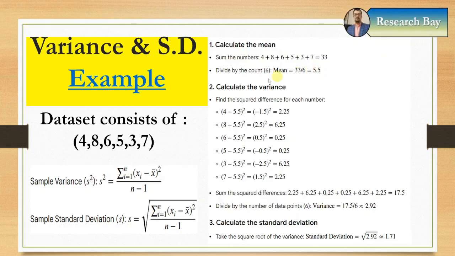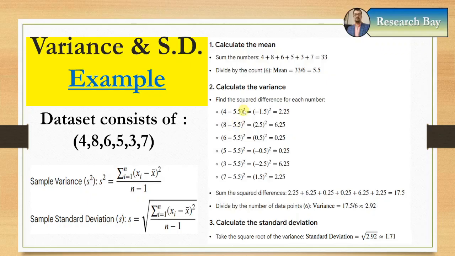Sample mean. Second is calculating the variance. So here I make the square of deviation. Deviation is the score or the data point minus the mean. Data point minus the mean. This is known as deviation.